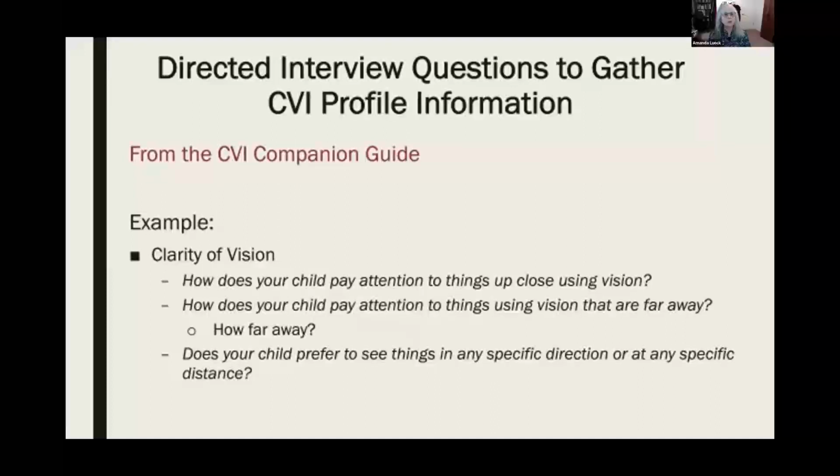So just for the example of clarity of vision, to get more directed questions: How does your child pay attention to things up close using vision? How does your child pay attention to things using vision that are far away? How far away? Does your child prefer to see things in any specific direction or at any specific distance? So those would be the more directive types of questions.